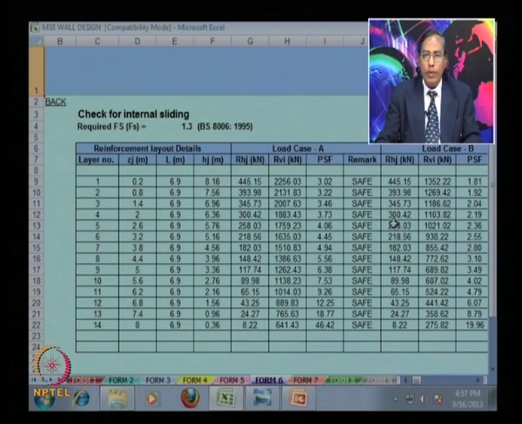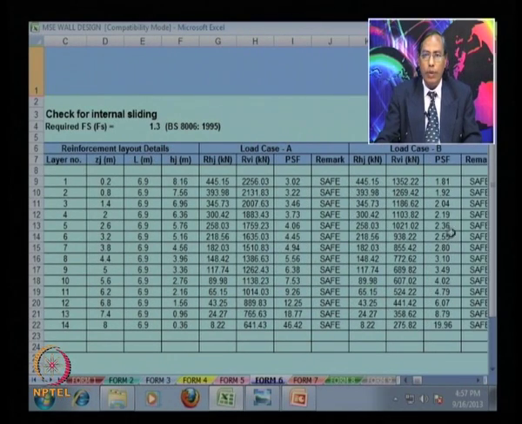Now, this is for load case B. RHJ is 4.15 to 8.22, and RBJ is 135.22 to 275.82 kilonewton, and then you calculate the partial safety factor, 1.81 to 19.92.